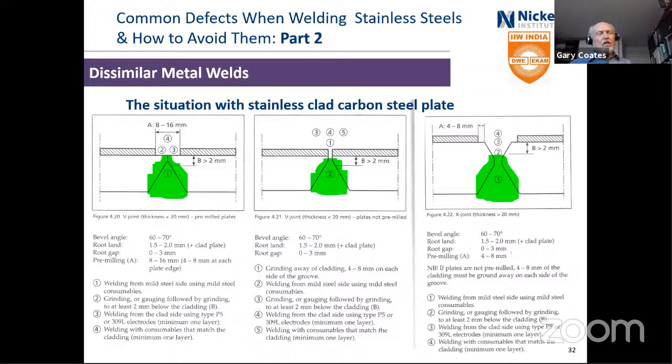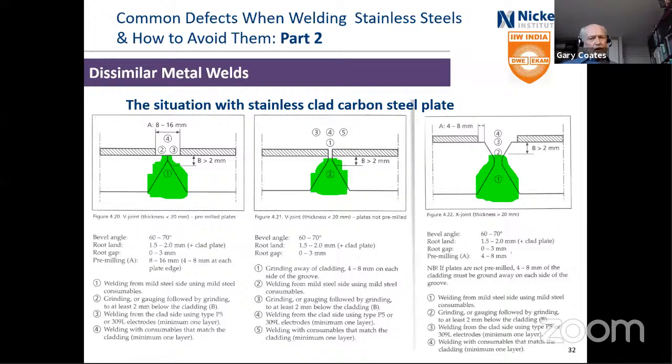And you could theoretically weld it with a 309L, let's say, if it was a 304L clad material, you could weld it with 309L all the way. But if you have a 50 millimeter thick material, that's a lot of expensive filler metal going in there. So you really want to weld it as much as possible with carbon steel.